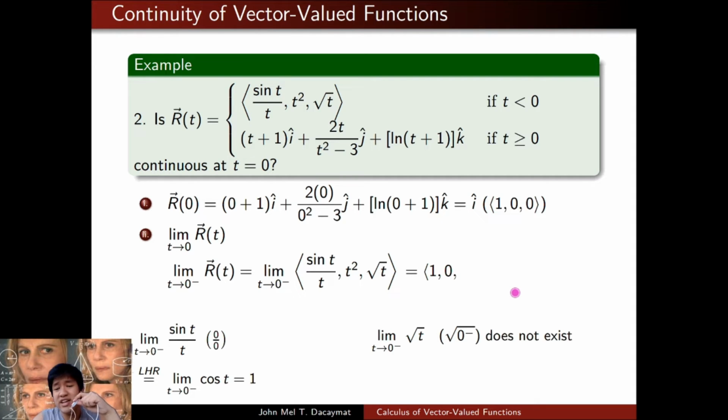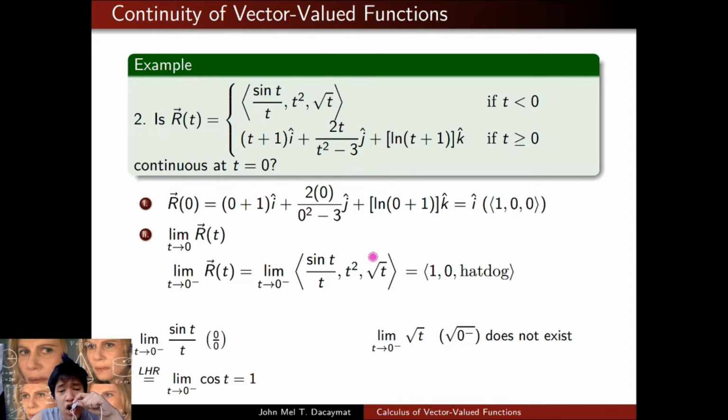Do you remember? It does not exist, right? The square root of t has no value for t less than 0. So the limit of the third component does not exist. So the limit as t approaches 0 from the left of the third component does not exist.